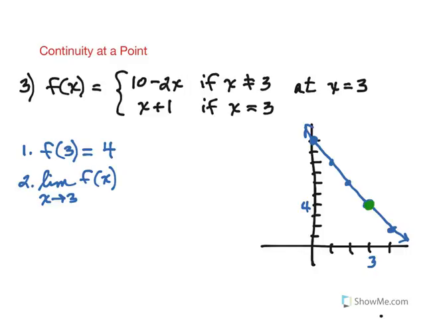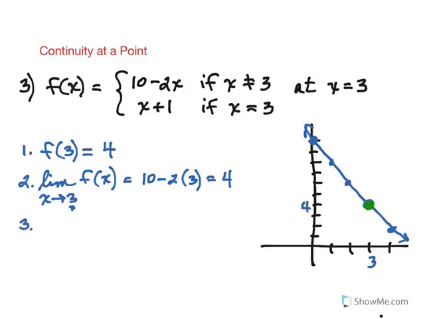If you wanted to do it algebraically, remember you'd be substituting into the first piece, because if you're thinking of values a little less than 3 and a little bit bigger than 3, the first piece applies in each of those cases. So it's into that first piece that we would substitute 3. Remember, you actually substitute that value in itself, and you do get 4.